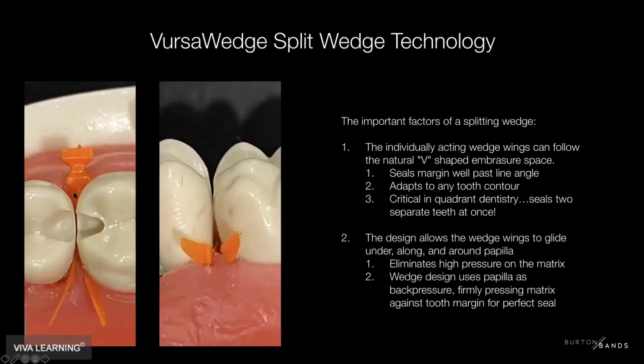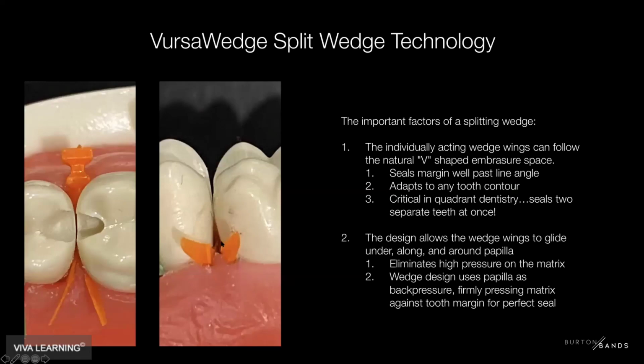And this is what the VersaWedge does: when you place it, the wings on it are free. So they can open and allow the papilla to pop up in between them. And it gives these wings the ability to stay thin and stay low. What you can see when you pop it through is that one wing follows one tooth, the other wing follows the other.